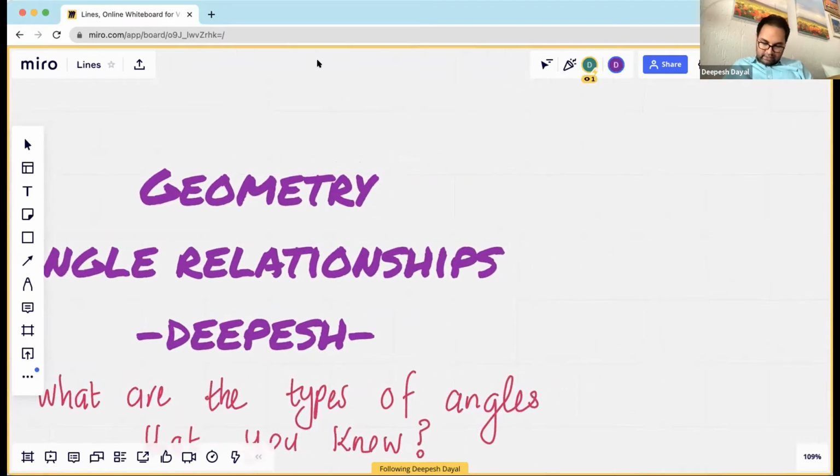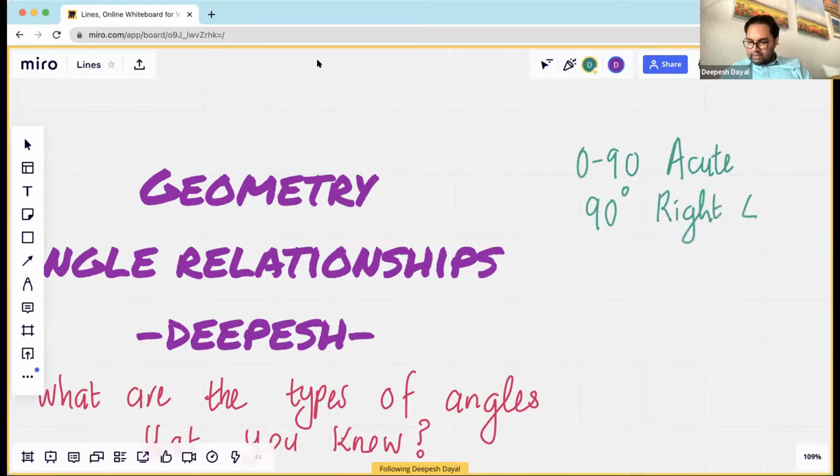So 0 to 90 degrees is acute. 90 is a right angle. 90 to 180 is obtuse. 180 to 360 is reflex.